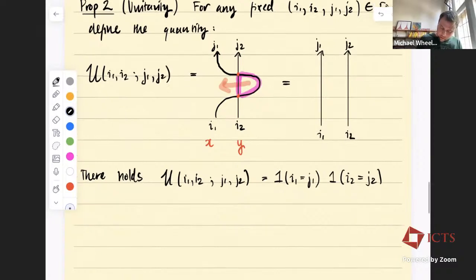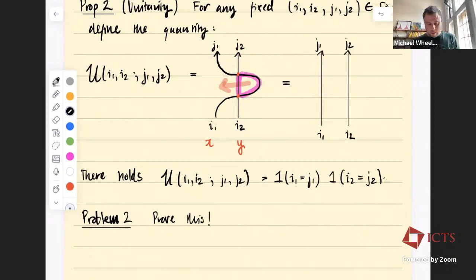And in terms of knot theory, this is precisely one of the so-called Reidemeister moves. And we're about to see another one as well. In terms of the problem set, problem number 2 is to prove this, using the explicit form of the weights that has been given.